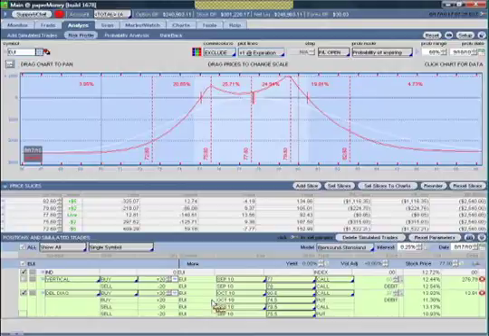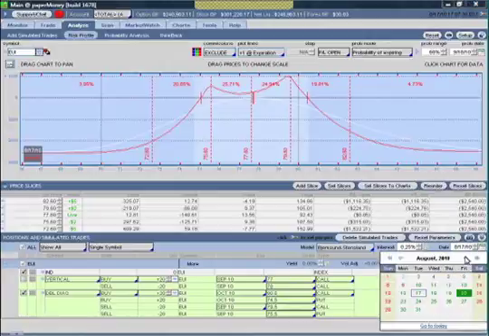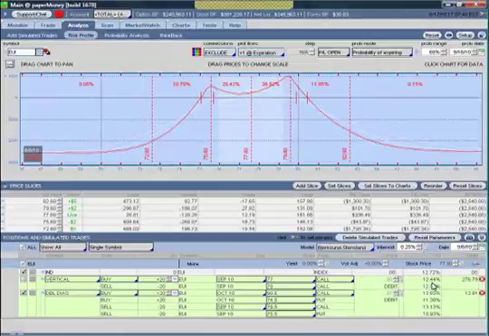So if I put this on, the interesting thing is, let's fast forward the date a little bit, to like the second week of September. You can see how this thing is starting to evolve. This particular trade has about a 65% probability of making money.